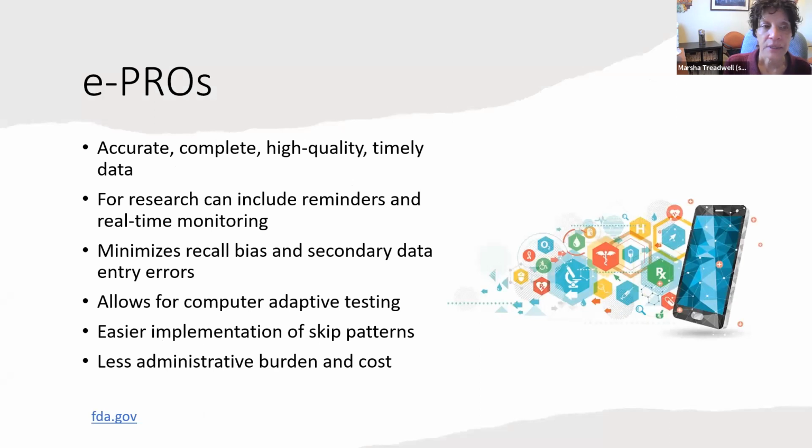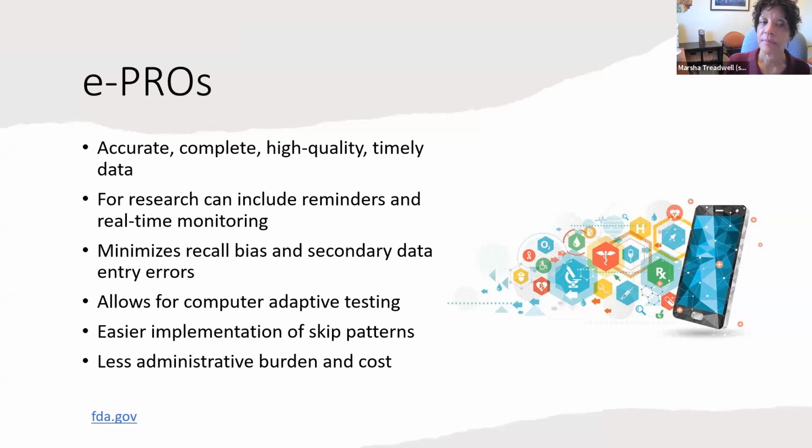And so, talking further about patient-reported outcome measurement within the electronic health record, or that a person can complete from their cell phone or from a tablet, it's much more accurate, complete, high quality, and of course timely. It's instantaneous. And if the person is part of a research study, then they can be getting reminders about completing the electronic PROs.